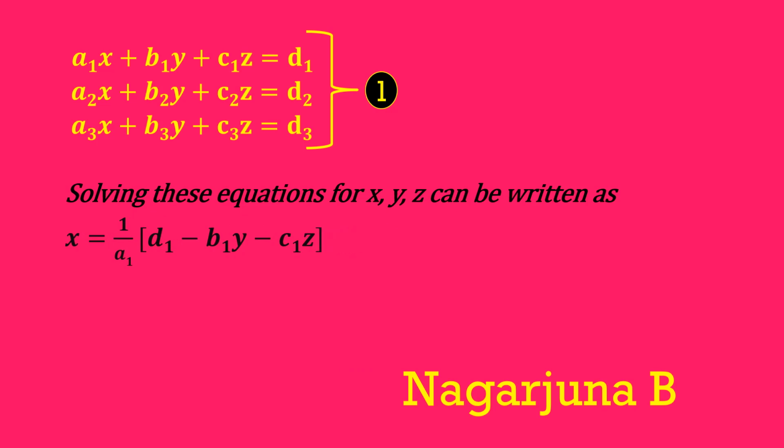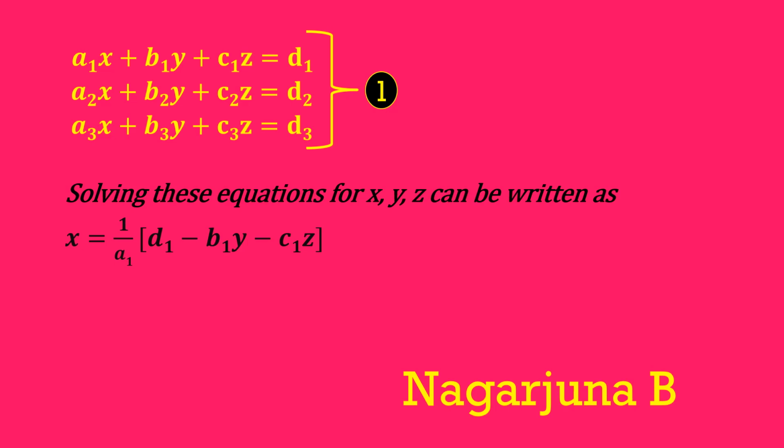How do we get this particular equation? Consider a1x and take the other terms on the other side. That means a1x is equal to d1 minus b1y minus c1z. Therefore x is 1 divided by a1 into d1 minus b1y minus c1z.